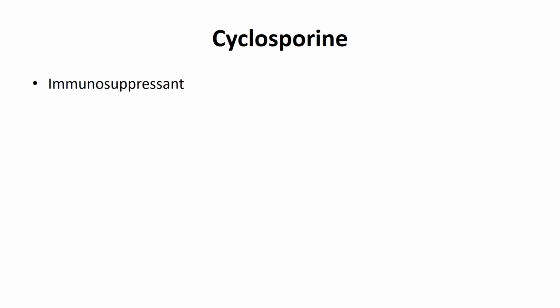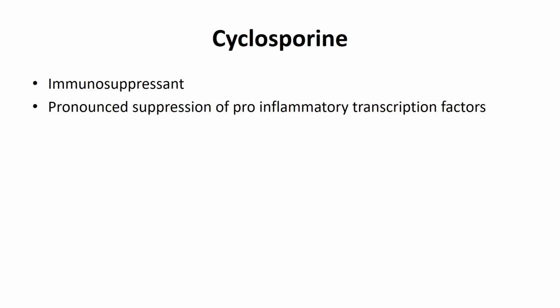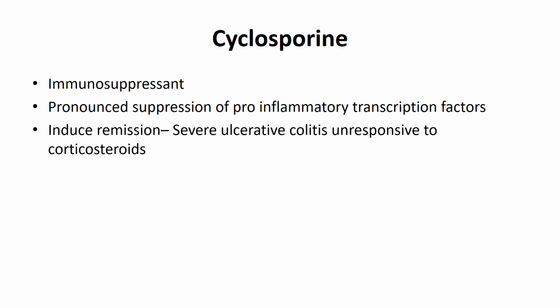The next important immunosuppressant is cyclosporine. It is mainly used in severe situations. The mechanism is a pronounced suppression of pro-inflammatory transcription factors. It is used to induce remission in severe ulcerative colitis which is unresponsive to glucocorticoids, that is, severe ulcerative colitis unresponsive to corticosteroids.